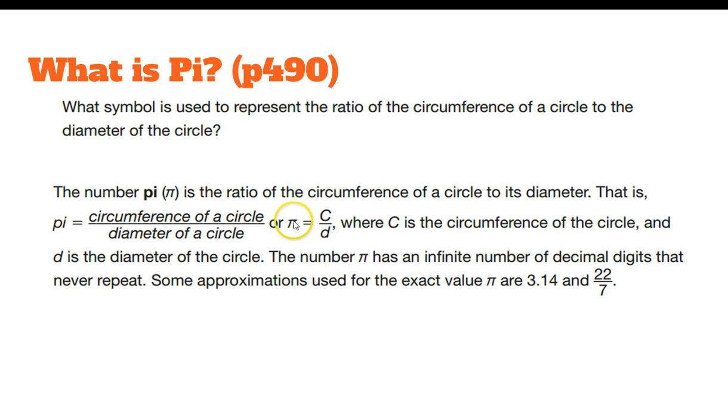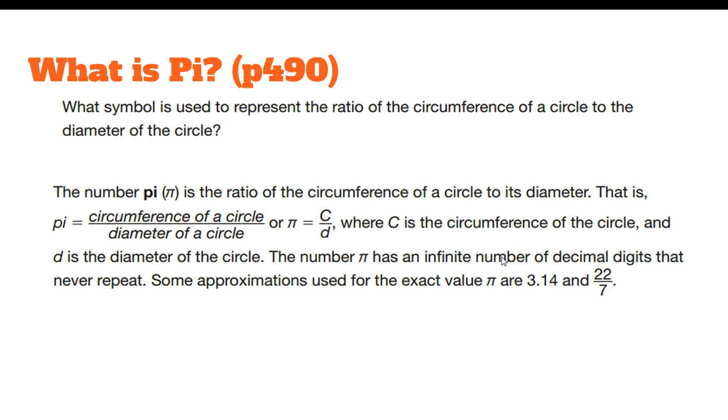Or, here's the symbol for pi. Pi is equal to capital C, which stands for circumference, and lowercase d, which stands for the diameter of a circle. The number pi has an infinite number of decimal digits. That means that it goes on and on and on, and they never repeat.